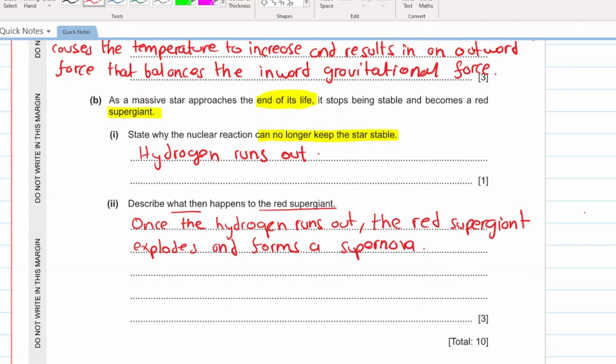The red supergiant explodes and forms a supernova.